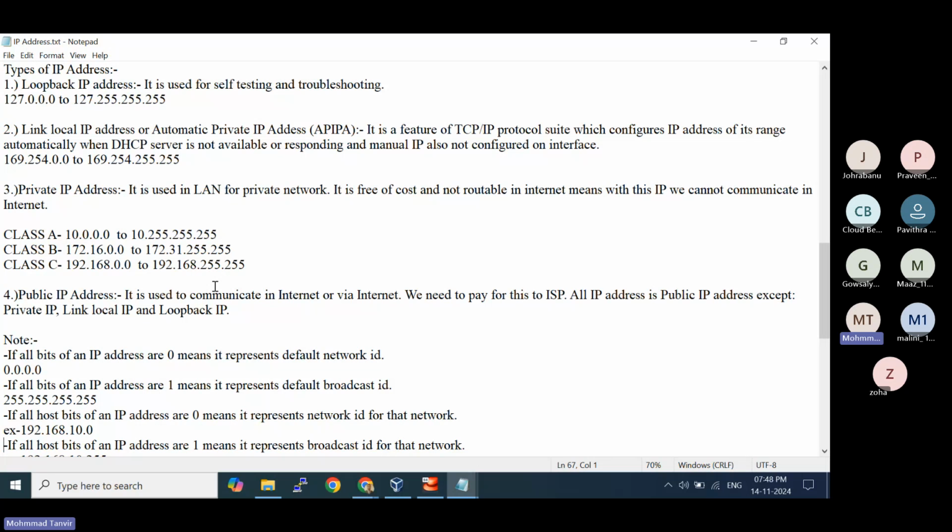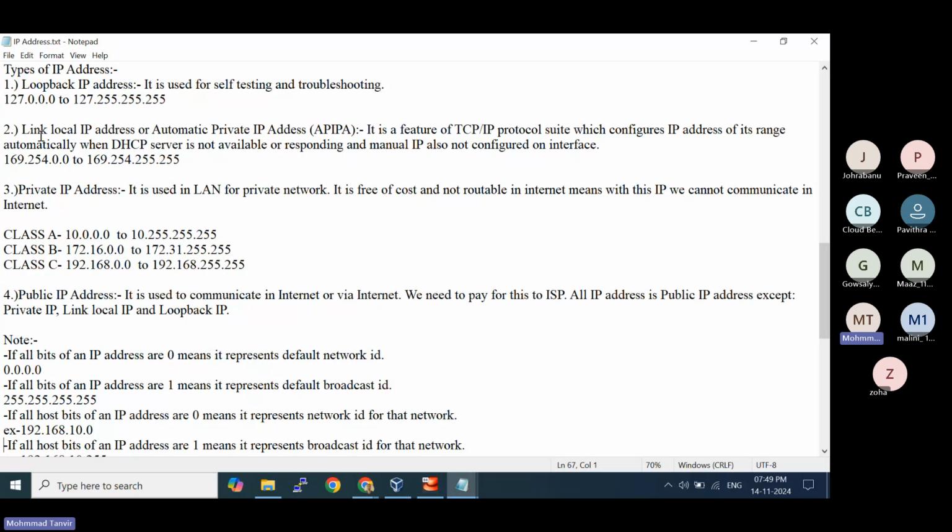One is the loopback IP address. Loopback IP address is used for self-testing and troubleshooting. There is a range, 127.0.0.0 to 127.255.255.255. How will we identify whether an IP address is loopback? If any IP address starts with 127, it is a loopback IP address. And it is used for self-testing and troubleshooting. We cannot configure it on our devices.